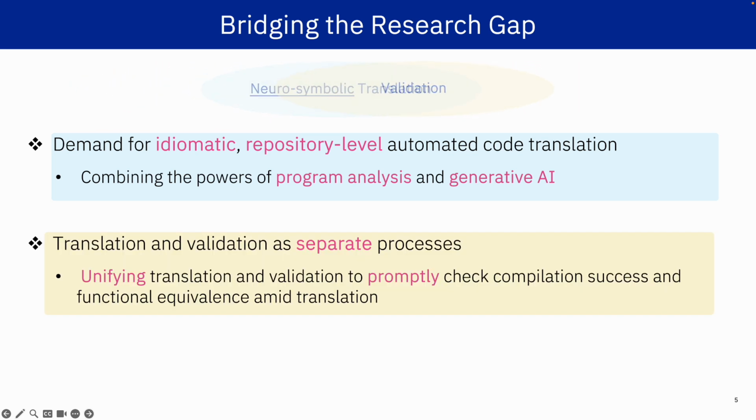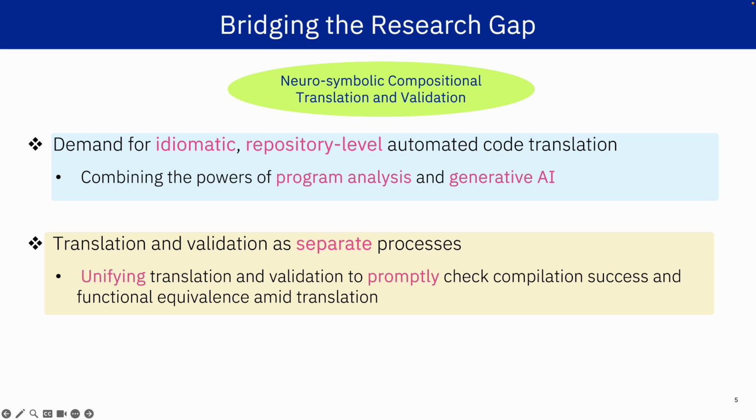And for the second one, we propose unifying the translation and the validation phase into a single component, such that we translate fragment by fragment and we perform validation checks right after the translation of that fragment is completed, and check for compilation errors and make sure that the translations are functionally equivalent. Therefore, the name Neuro-Symbolic Compositional Translation and Validation.